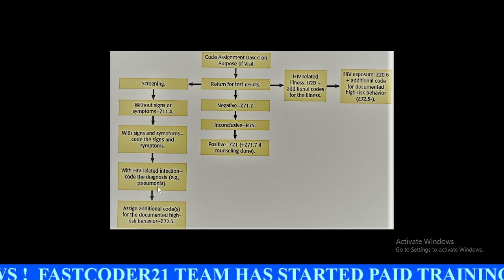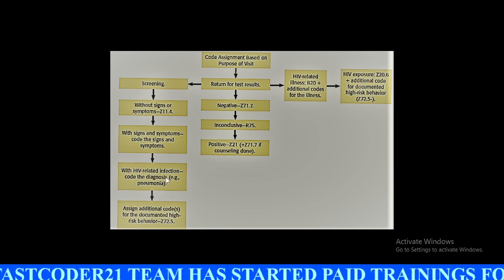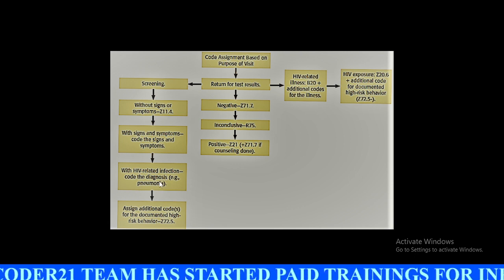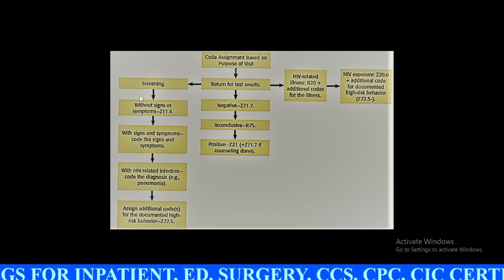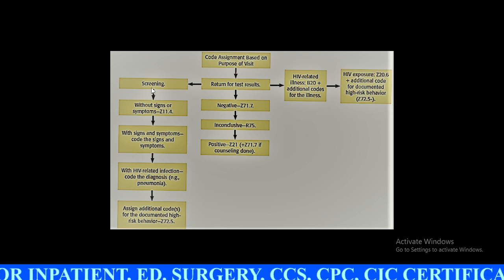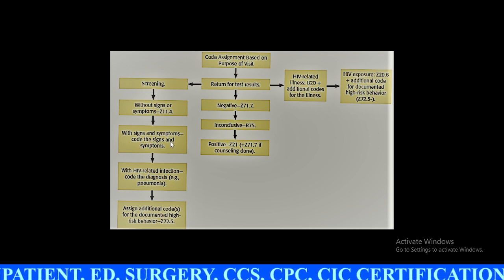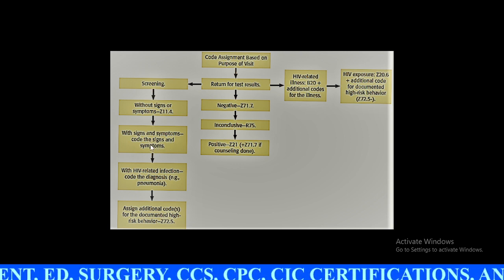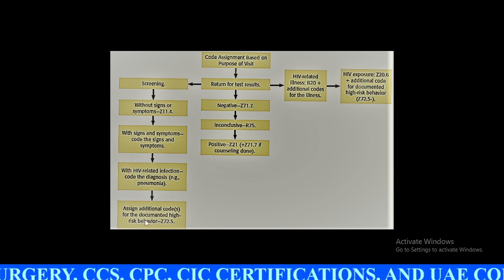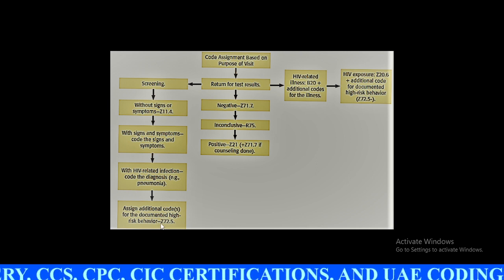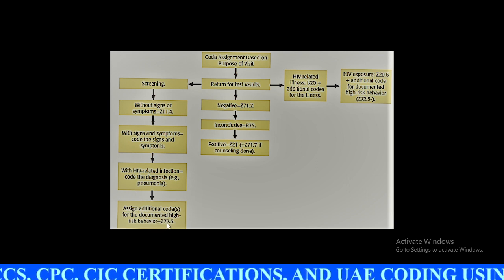If the patient is coming in with an HIV related infection, we need to code the diagnosis, for example pneumonia. If the patient is coming in for screening and with signs and symptoms, we need to code the signs and symptoms, and also code documented high risk behavior using Z72.5.